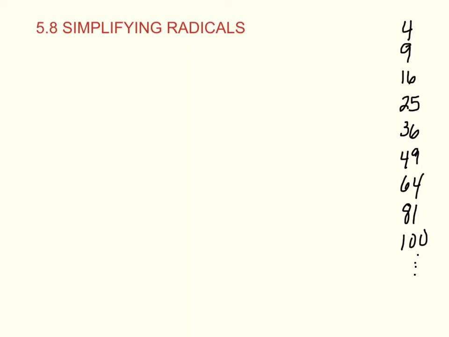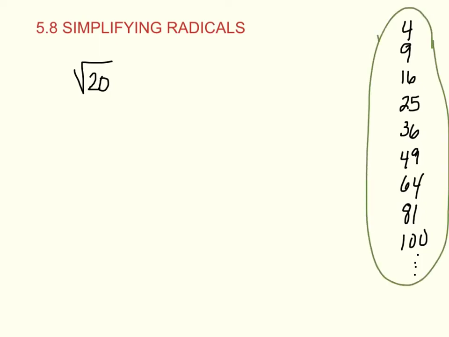All of these are perfect squares. If you have a number, for example, the square root of 20, if any of these numbers is a factor of the number underneath the square root, it is not simplified at all.